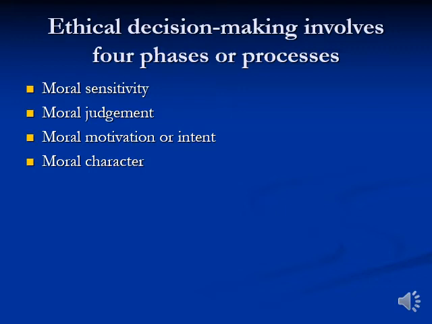Okay, so this is why when we make ethical decisions, we have to go to phase number three, which is moral motivation, to make sure that we are committed to implement this ethical decision, this ethical act that we consider to be the proper ethical behavior in this situation.